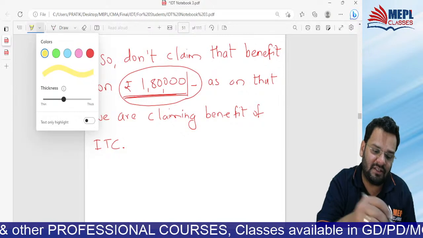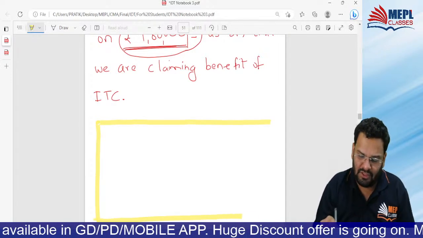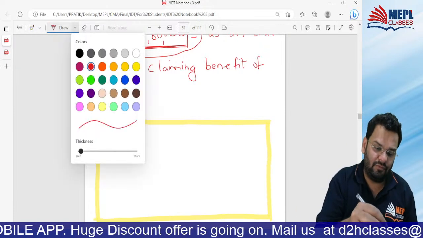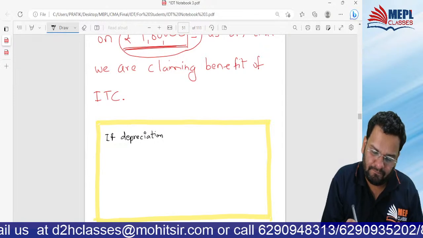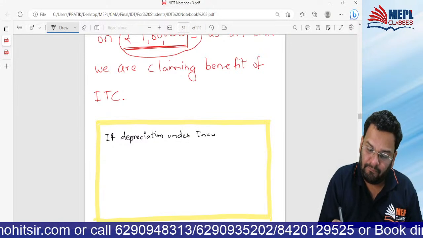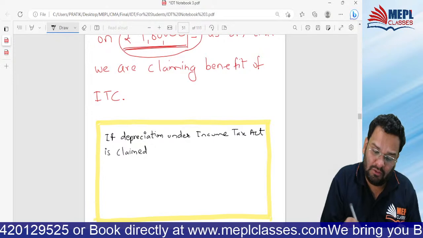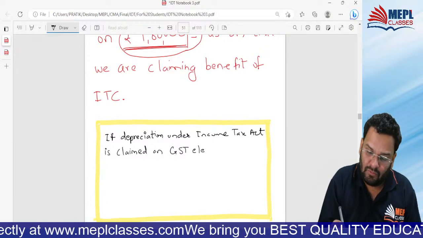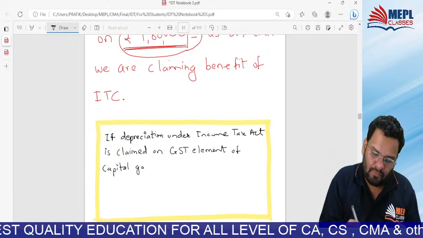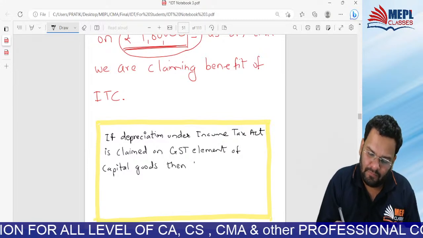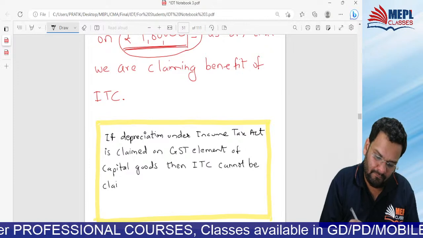What does Section 16 subsection 3 say? It strictly says that if depreciation under the Income Tax Act is claimed on the GST element or input tax element of capital goods, then ITC cannot be claimed of such GST.